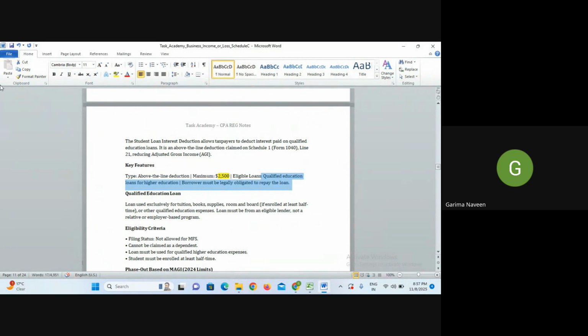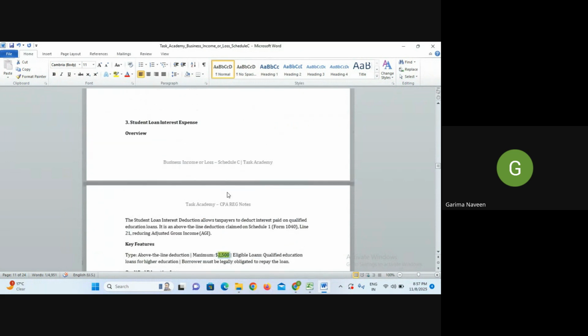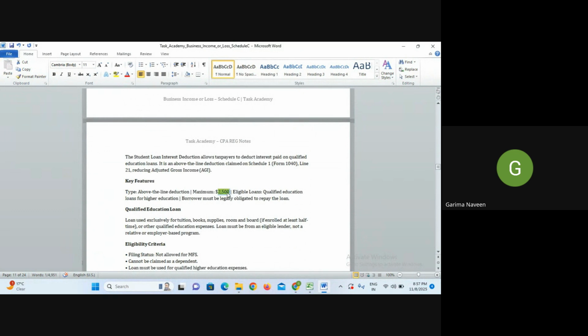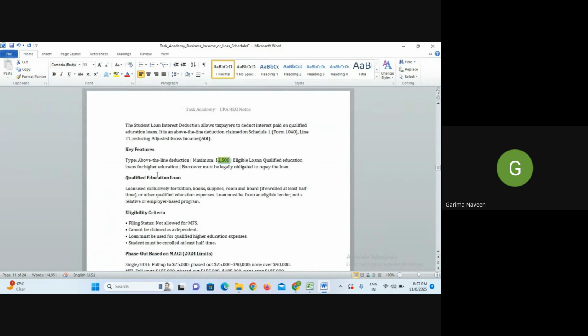You should be legally obligated to repay the loan. Then you can deduct interest on this loan up to $2,500. The loan should be used exclusively for qualified expenses, like tuition, books, supplies, room. The loan must be from an eligible lender, not a relative or employer-based program. Clear?